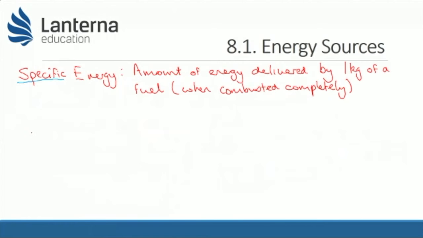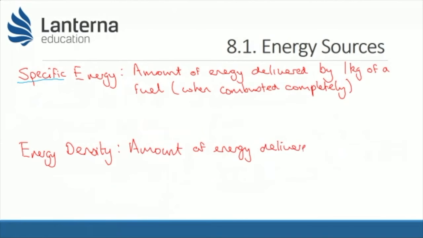And then the other one we have is the energy density. If we relate this to mass density, which is the mass per unit volume, the energy density is just the amount of energy delivered by 1 meter cubed of a fuel.